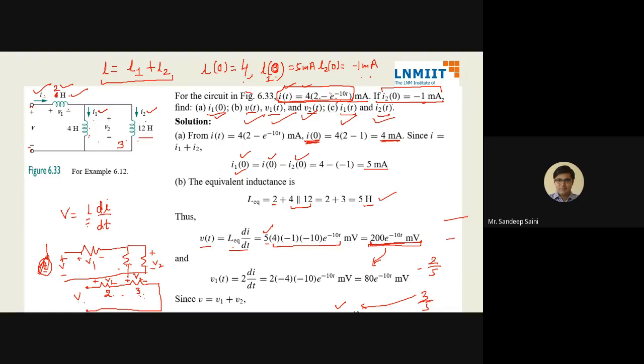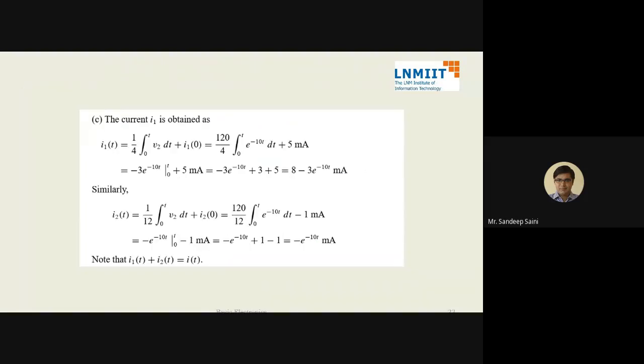How do you calculate that? Sir, flux will be linked, like L I1, 4 into I1 equals 12 into I2. Right. So total I is going here as I1, here as I2. Just like resistor, you would make the current division, and you will get the equations of I1 and I2.